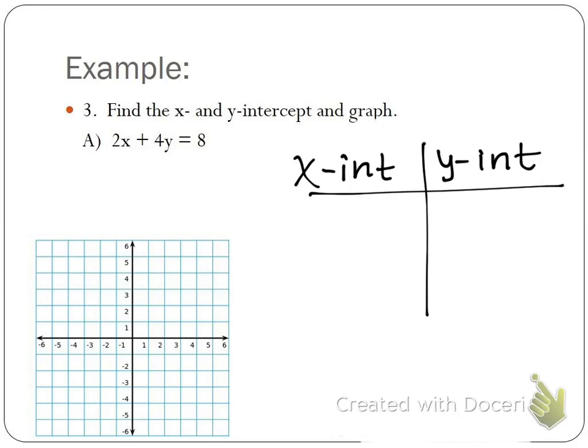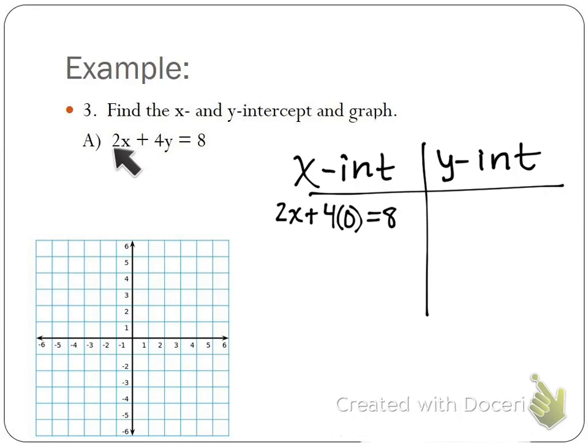To find the x-intercept, the rule up at the top under my x-intercept box says plug 0 in for y and solve for x. So if I want to solve for the x-intercept, I can't take x out of it. I have to leave x in there. So 2x plus 4 times 0, I'm plugging 0 in for y, equals 8.